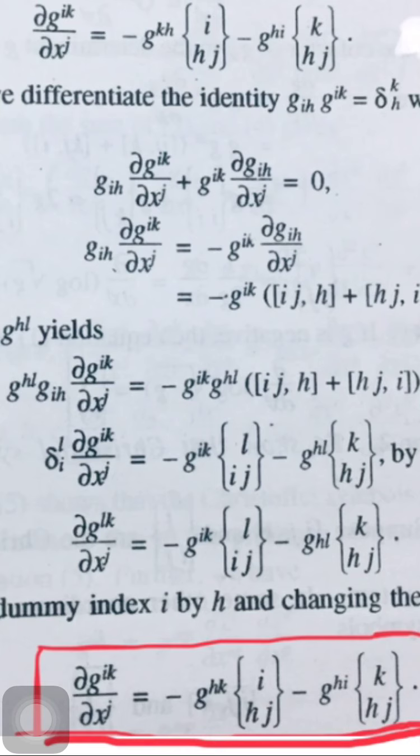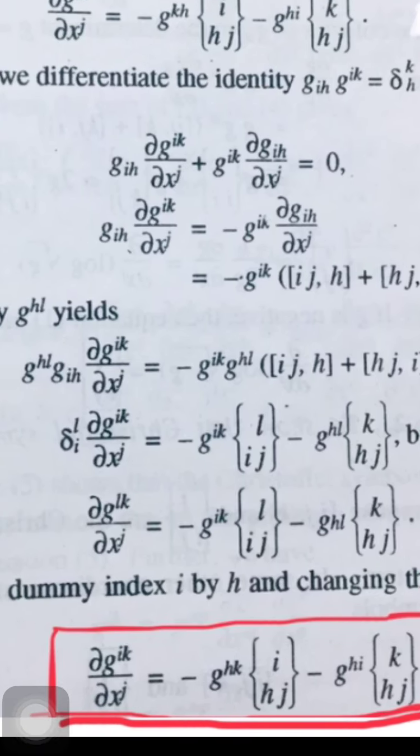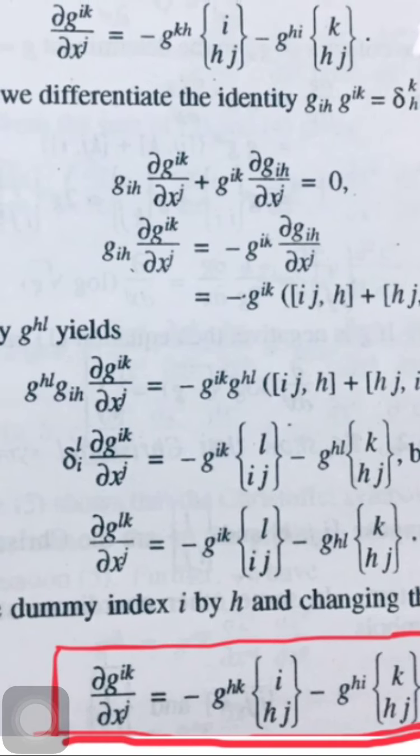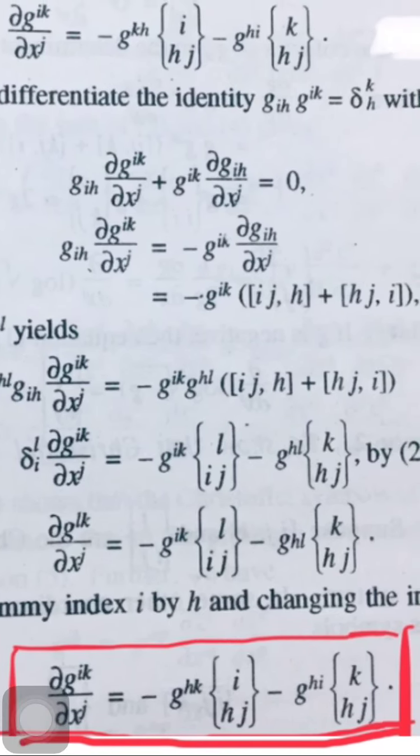Taking the Kronecker delta and putting l equals i, we get the derivative relationship of the Christoffel symbol of second kind with the fundamental tensor.